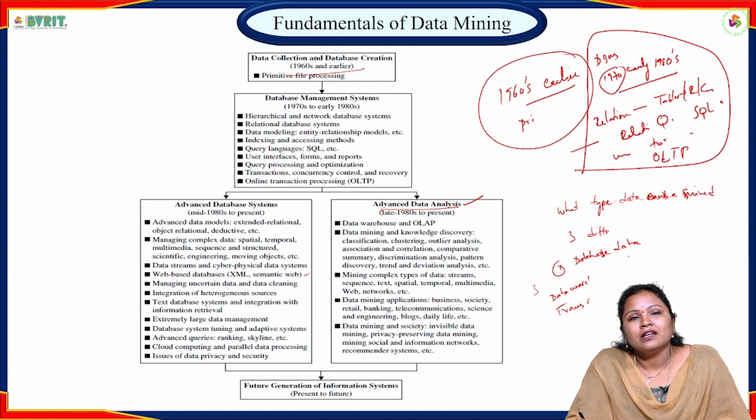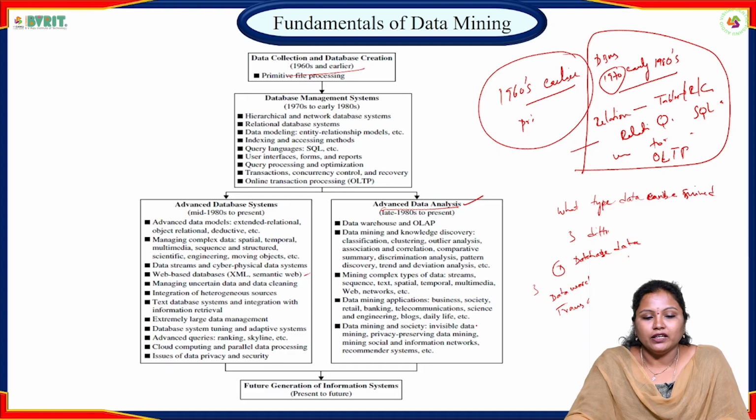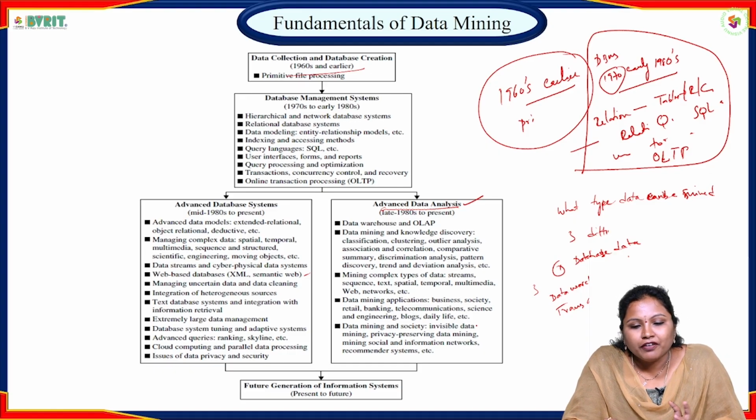Data mining general applications are used for business, society, retail, banking, telecommunication, science, engineering, logs, daily life, etc. The other one is data mining and society. Here we mine invisible data mining, privacy preserving data mining, mining social information networks, etc. So the main fundamentals of data mining is nothing but data collection and data creation.